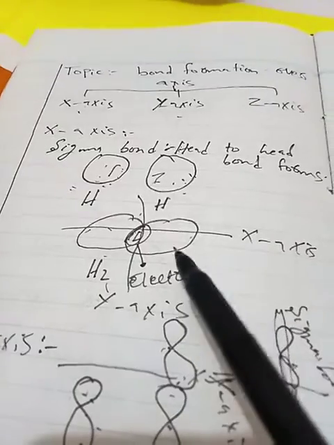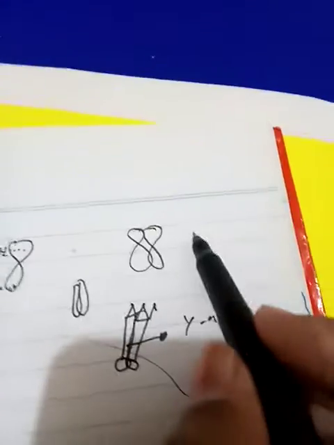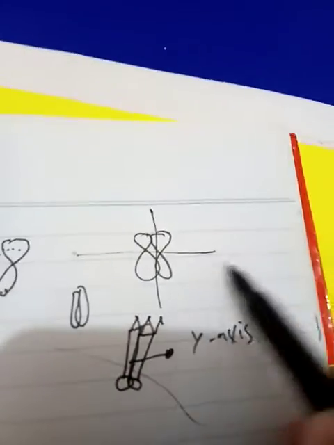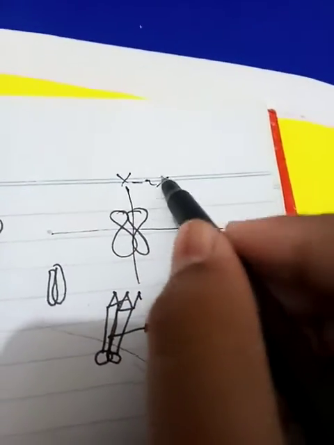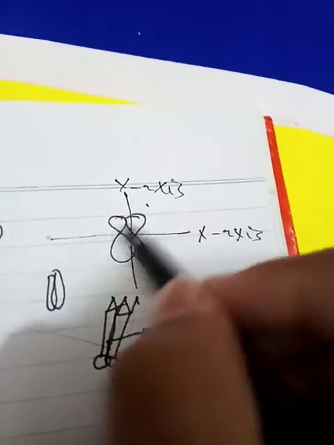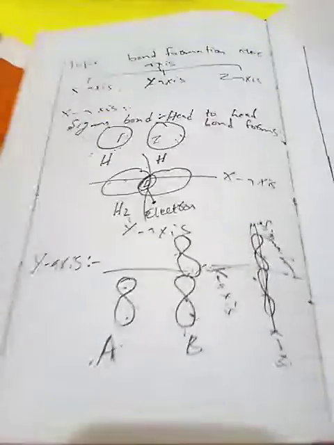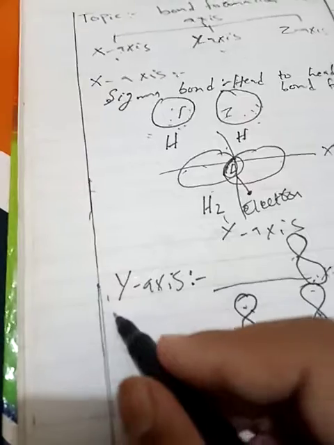They are always placed in the x-axis plane. So let's look at which axis they come on. This one is the x-axis and this one is the y-axis. So completely they are coming on the y-axis, so we can call them a y-axis bond. And the name of a y-axis bond is pi bond.